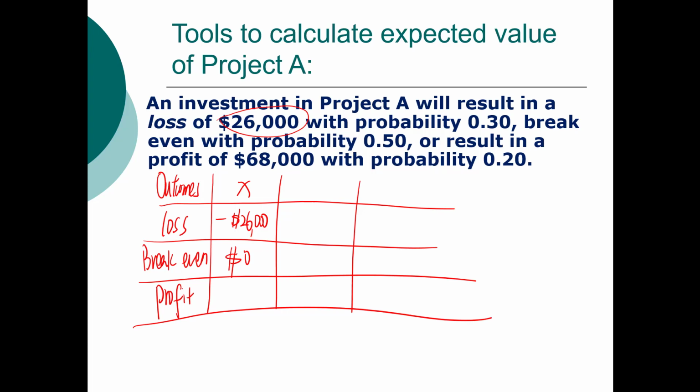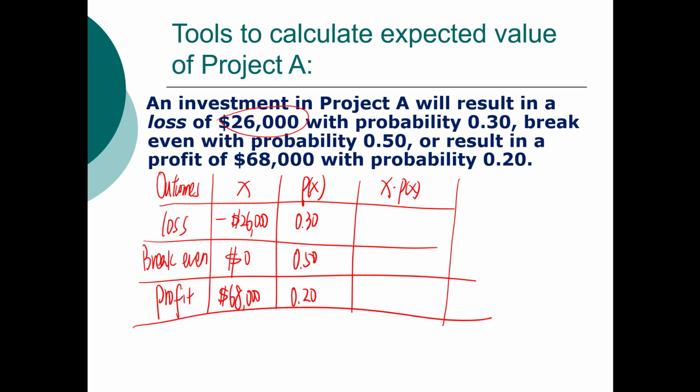And then the profit case is 68,000 profit. And each outcome has a probability associated. The first one, for the loss case, is 0.30, a 30% chance. Break even is a 50% chance, right? 0.50. And the profit case is 0.20.